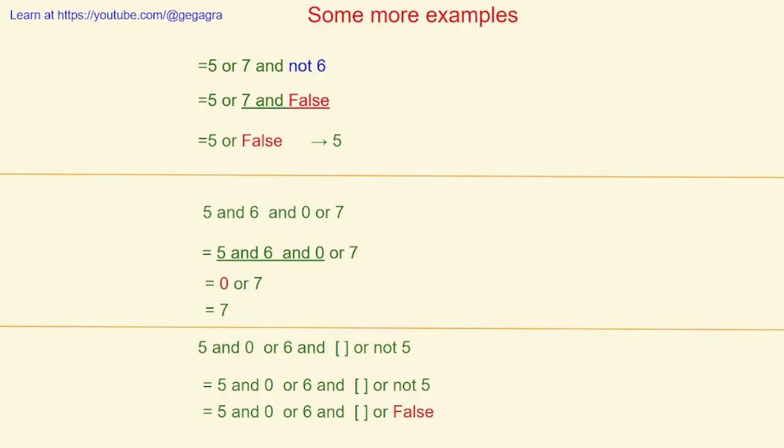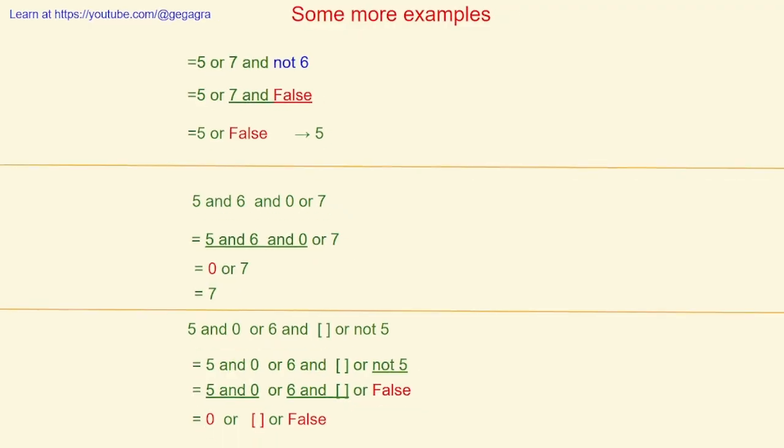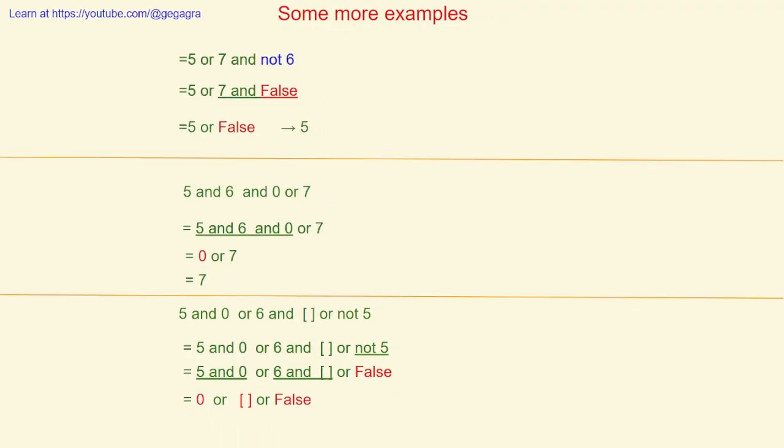So here 0, empty list, or false is the outcome.